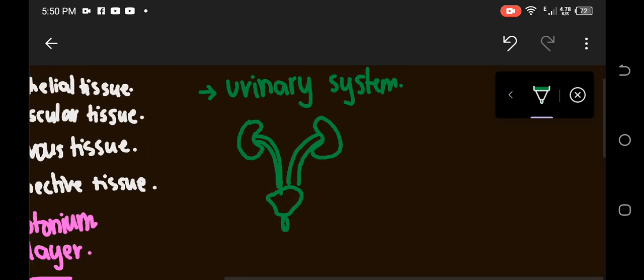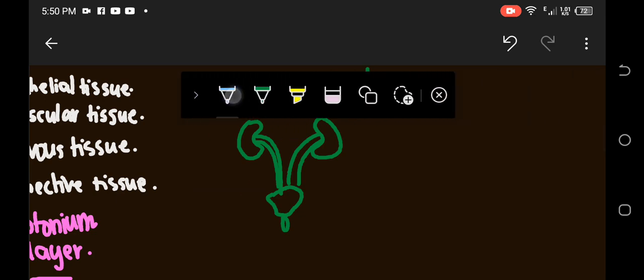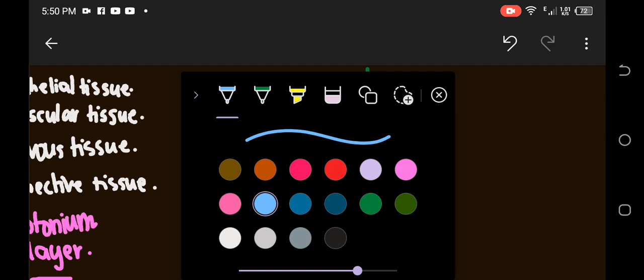So what is included in the urinary system? In our urinary system, basically four things are included.